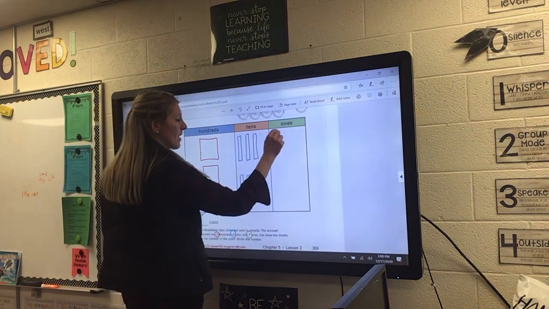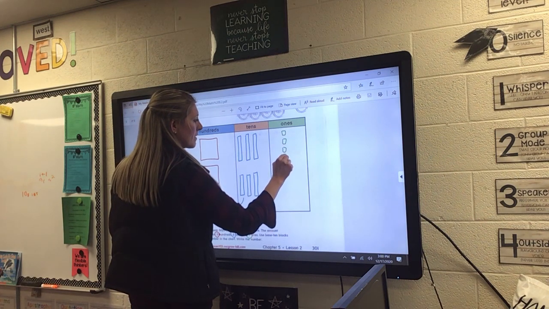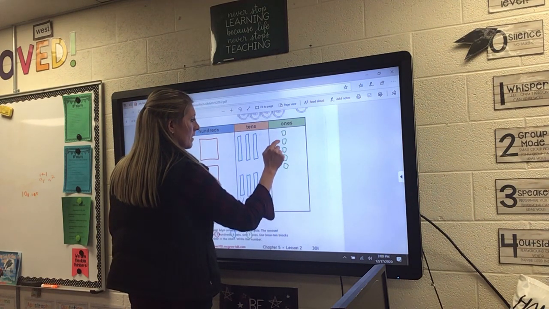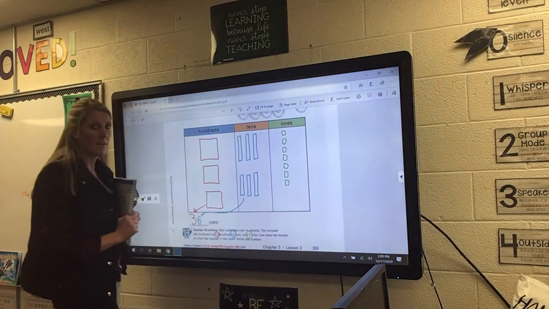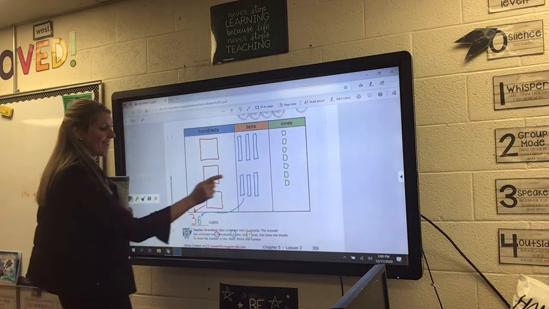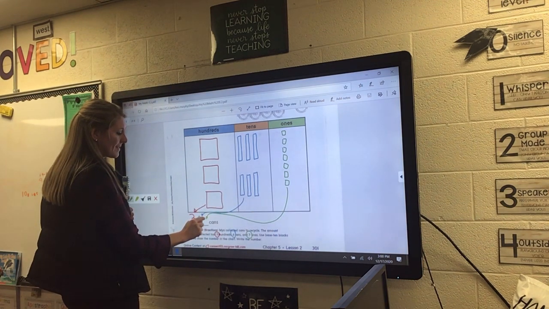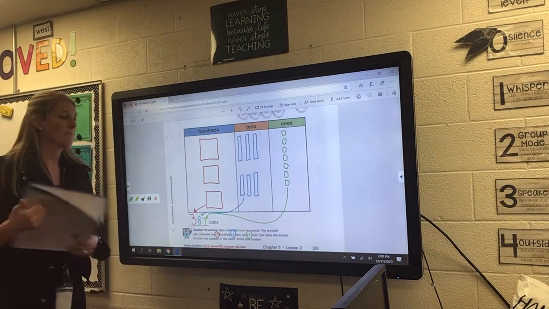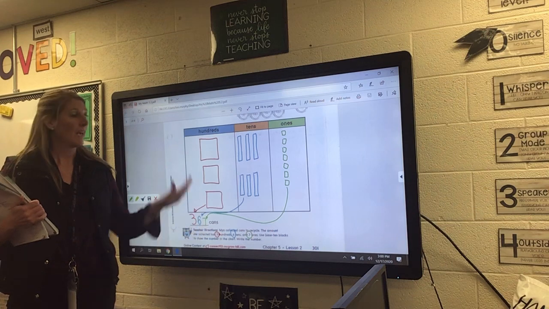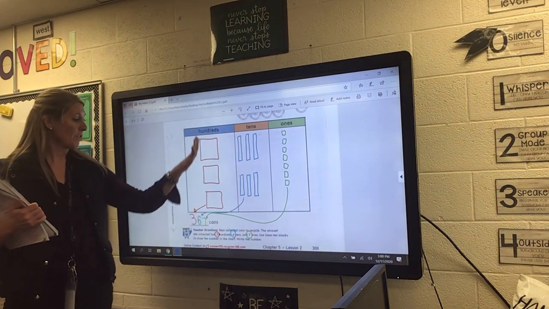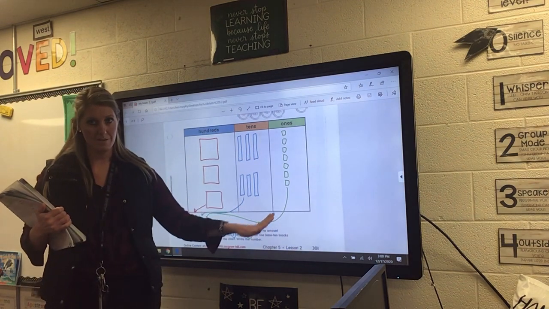We know the ones are the small little cubes, so we're going to draw 7 little cubes. Okay, and then that number is going to go way over here to the right, the 7. So I have 367, and that's represented here with my 300s, my 6 tens, and my 7 ones.